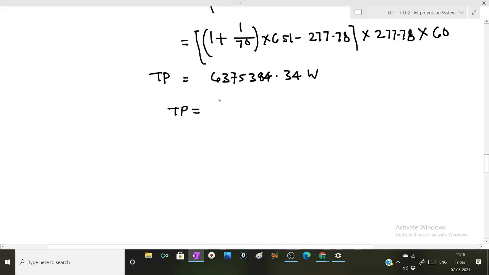In kilowatt it will be 6375.384 kilowatt.